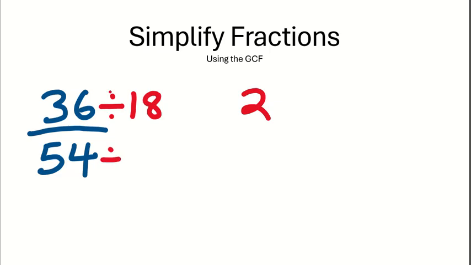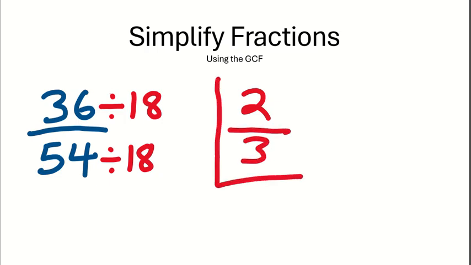And 54 divided by 18 is 3. So 36/54 in the simplest form is going to be 2/3. Let's keep it going.